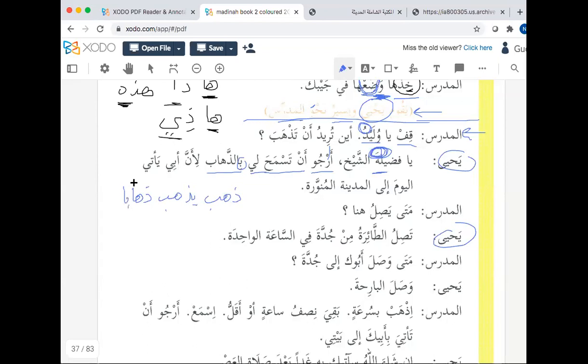When you mention the masdar in this pattern, usually you mention it in this mansub form without alif and lam: ذهب يذهب ذهابا. Not dhihab. People make a mistake and put a kasra, they say dhihab. No, it's not dhihab, it's dhahab. And dhahab is the noun of this verb.